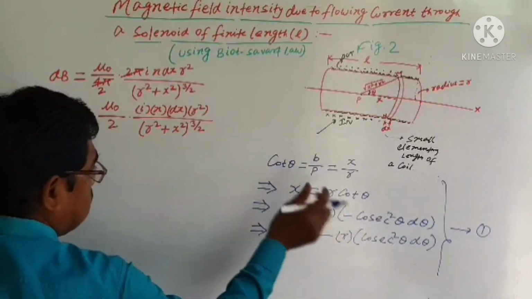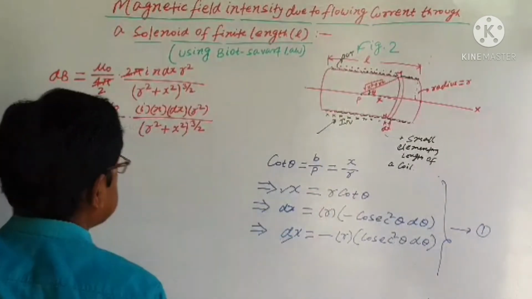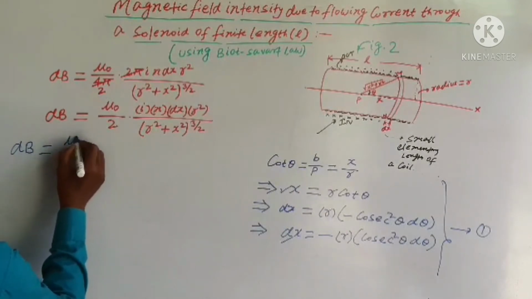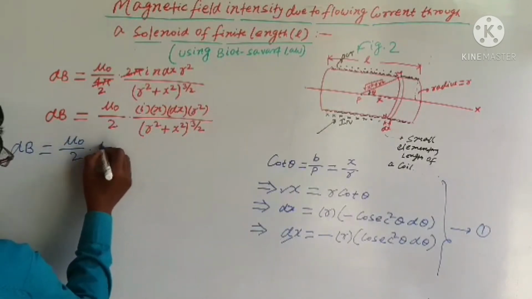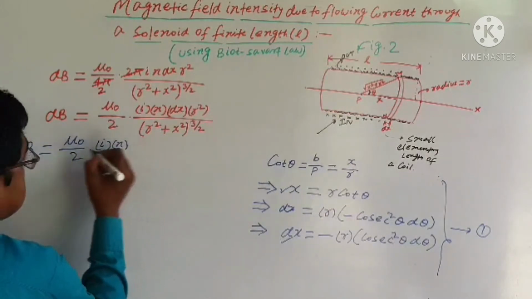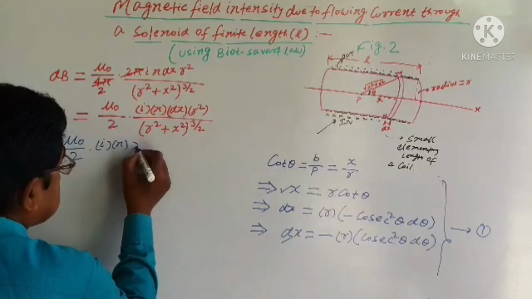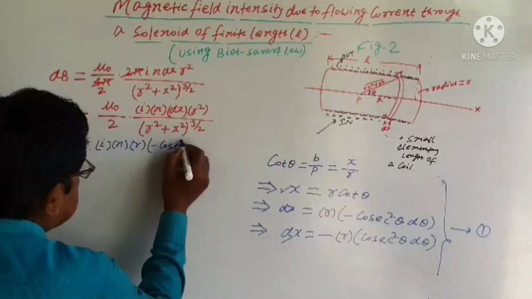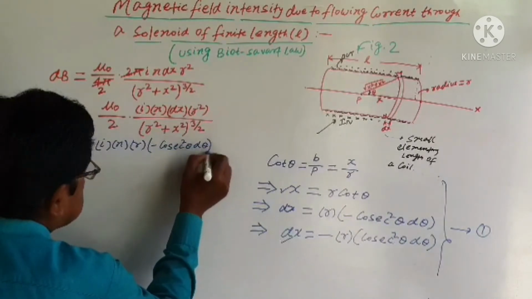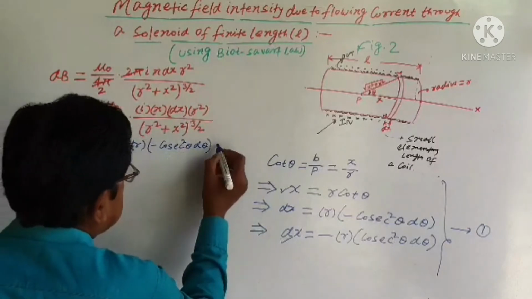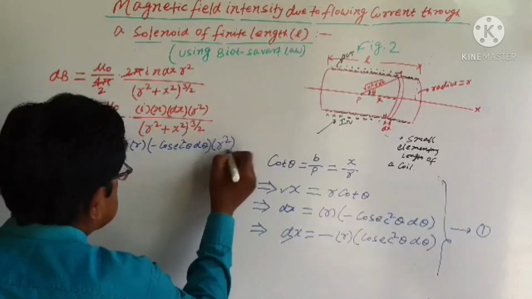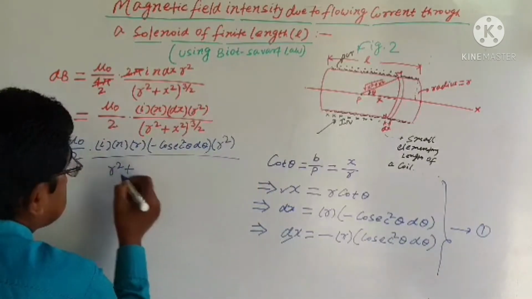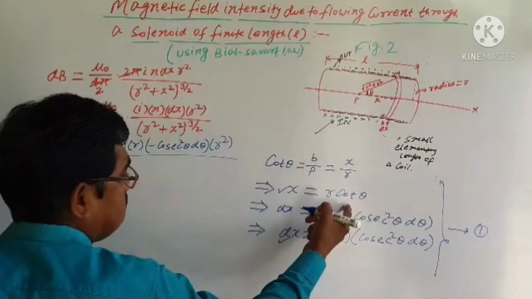Okay. Now, we put the value of x and dx, we get it. dB is equal to mu naught over 2 I n, and dx is r times minus cosec square theta d theta, and r square over r square plus x square, where x is equal to r cot theta.